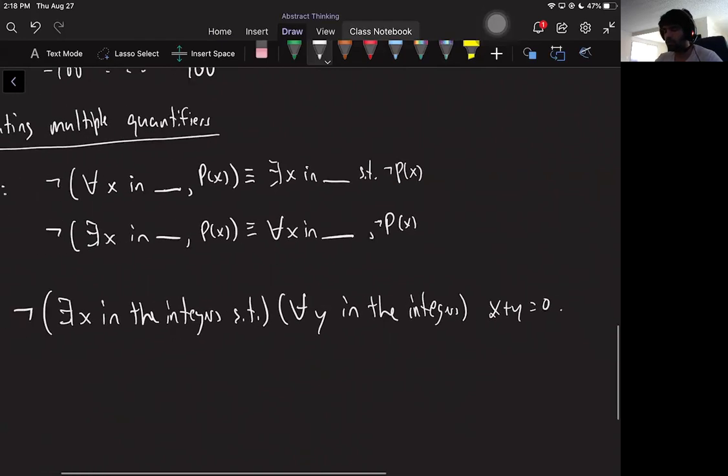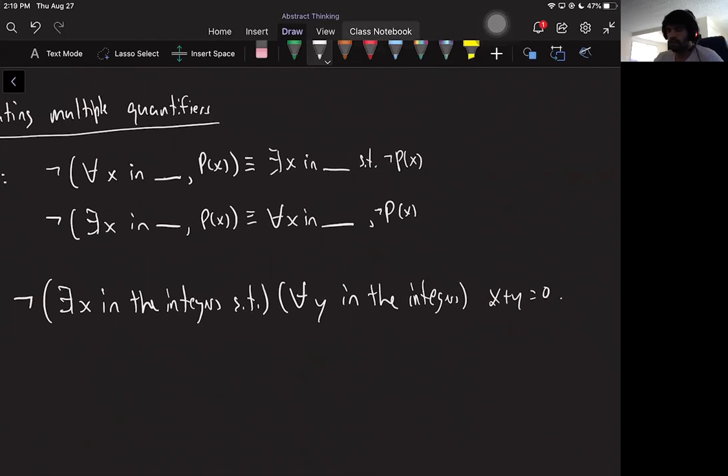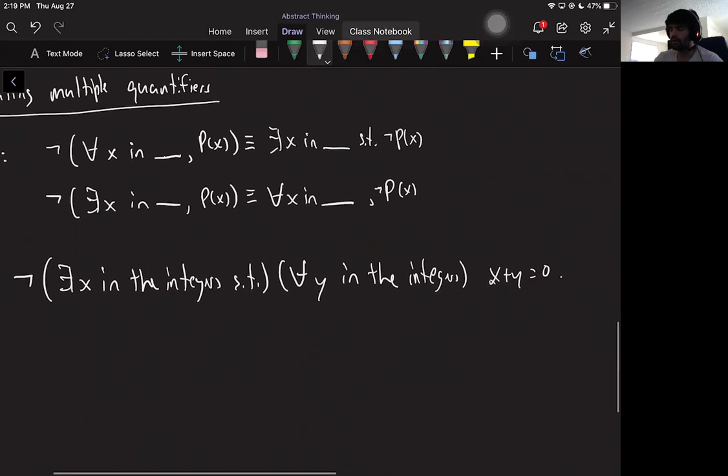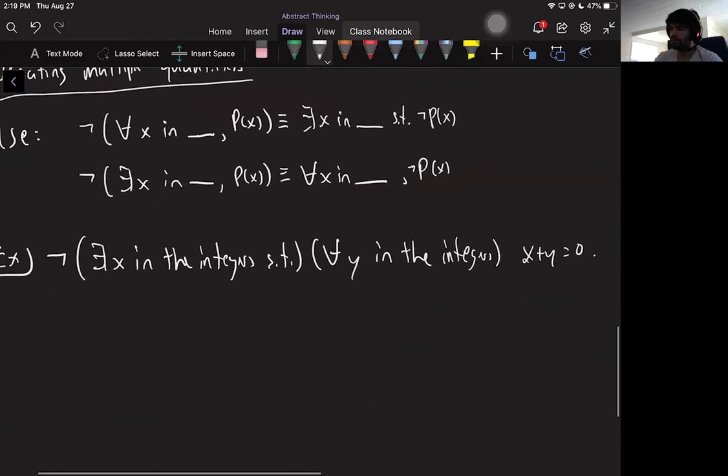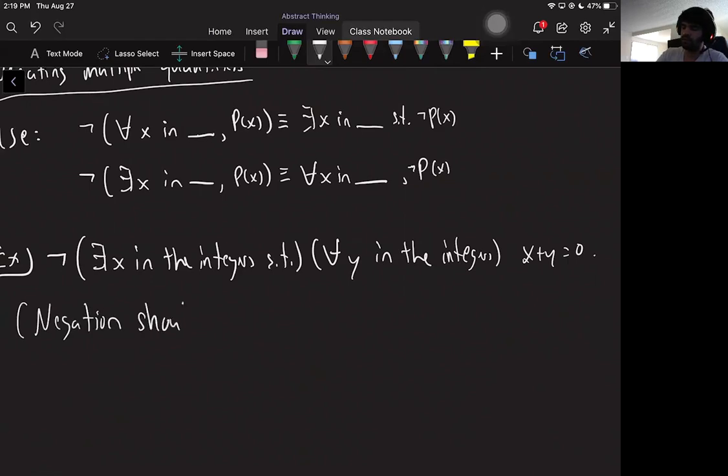So real quick, was this guy true or false without the negation? This was false, right? There definitely is no number such that if you add it to any other number, you get 0. That's not true. So the negation better be true. And that's one way to check that we've done it correctly. So the negation should be true.